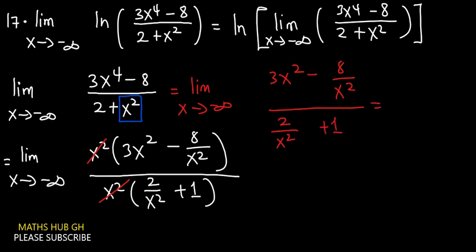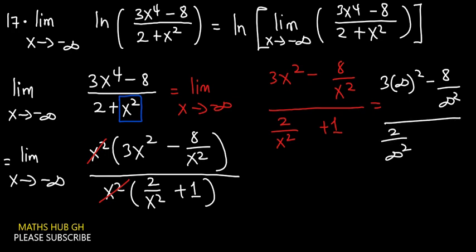Okay, so let's do the substitution now. We're going to have 3 multiplying infinity squared minus 8 over infinity squared, divided by 2 over infinity squared plus 1.